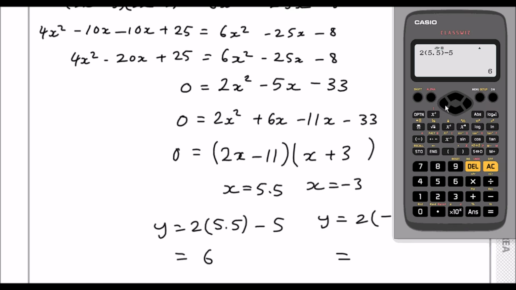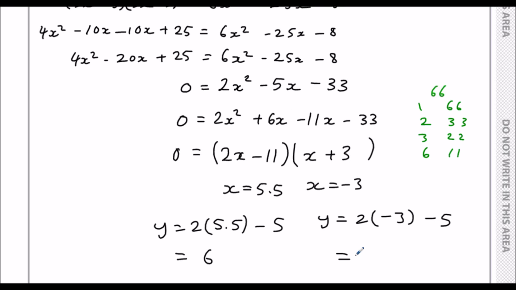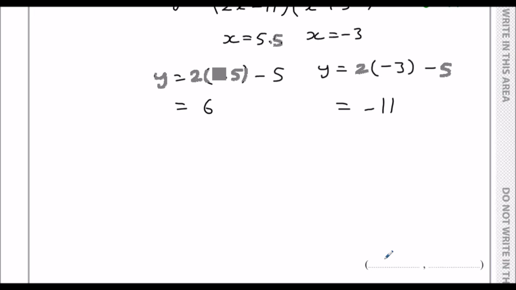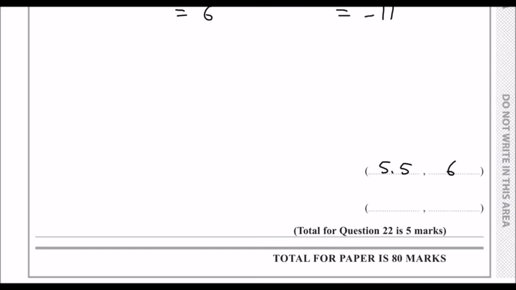Or we've got 2 times negative 3 minus 5, which is negative 11. So our coordinates are (5.5, 6) and (negative 3, negative 11).